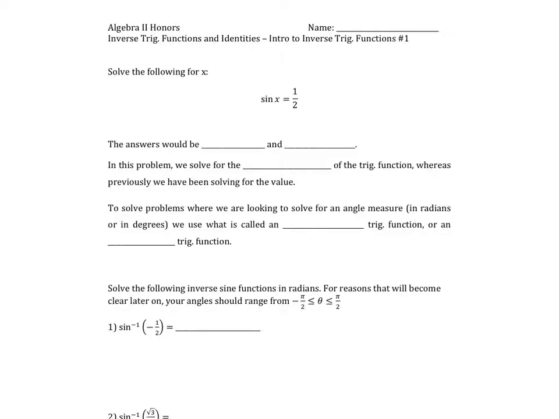Okay, so let me ask you the question. In the question here, it says solve the following for x. It says sine of x, and we know x represents an angle, equals 1/2. Normally, what we've seen so far, you might get something like sine of pi over 6, and you have to give me the ratio, which you would hopefully say is 1/2.